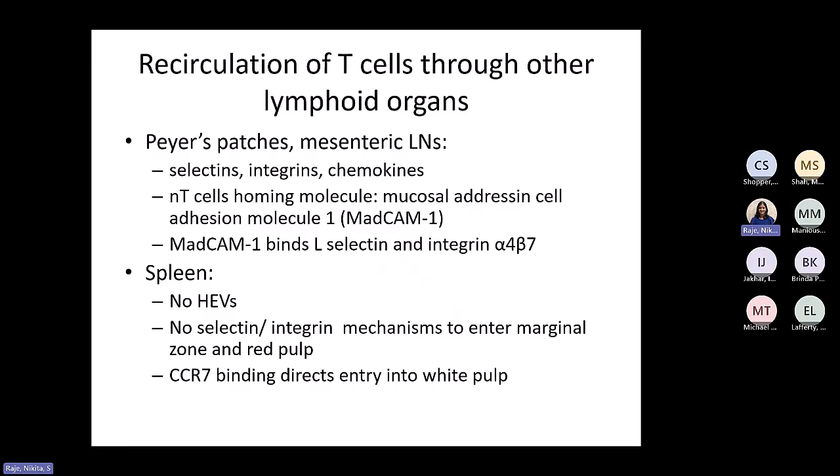So the entry is free, but once they enter, the T cells need to go to the T cell zone, and the B cells have to go to the B cell follicles. What helps them is, again, some of the receptors, such as CCR7 binding, which directs their entry into the white pulp, and then particularly for the T cells into the T cell zone.